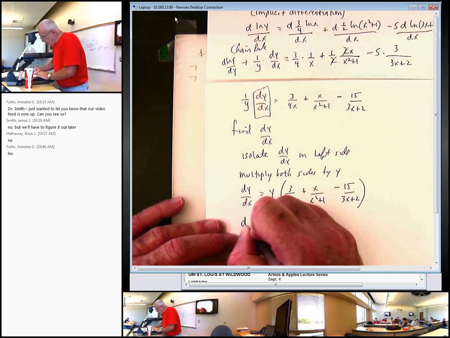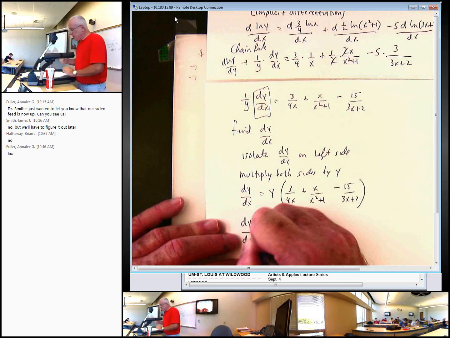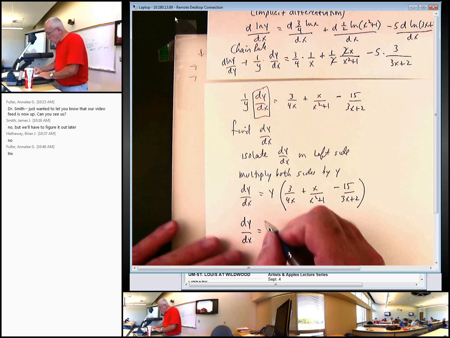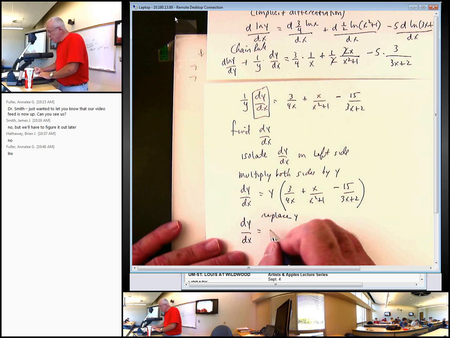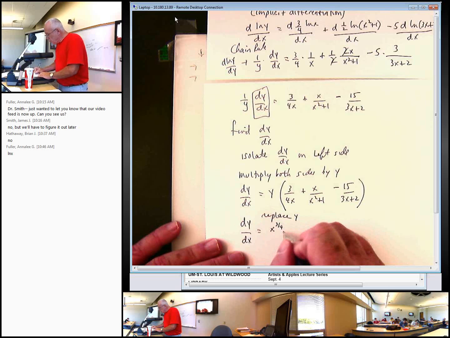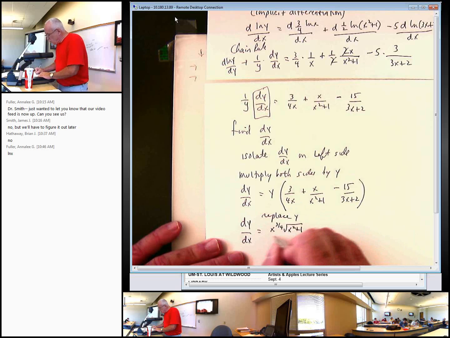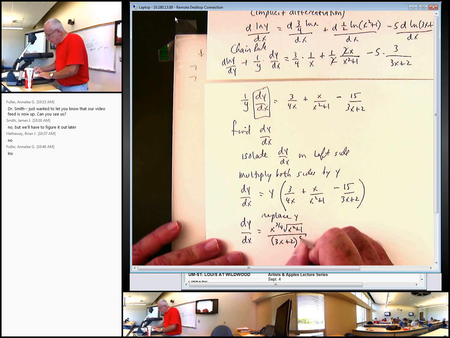So our final answer here is the following. Replace the y. So our y was equal to x to the 3/4 square root of x squared plus 1 all over 3x plus 2 to the 5th power.